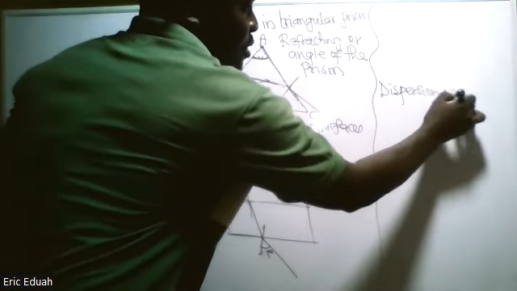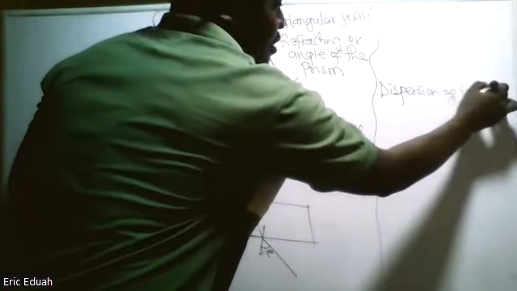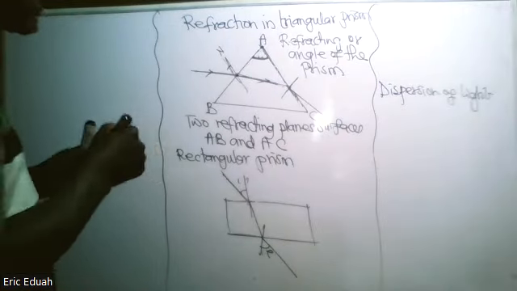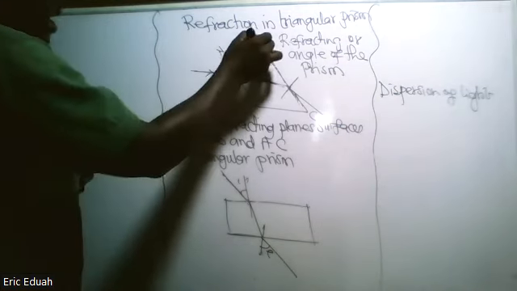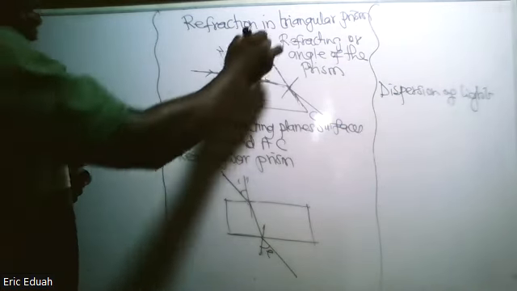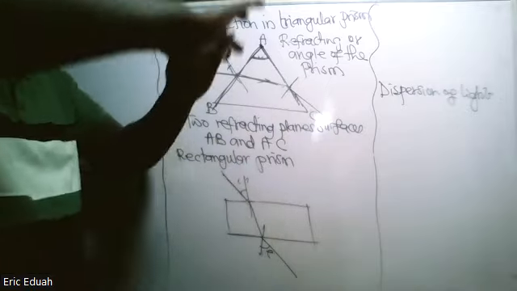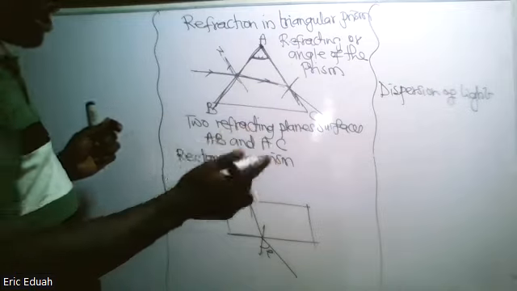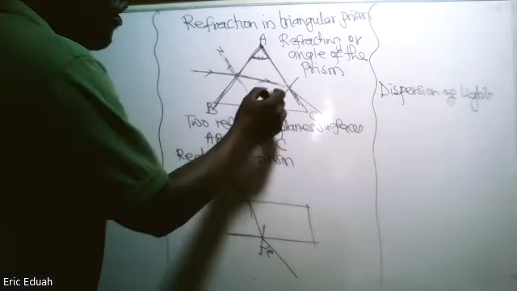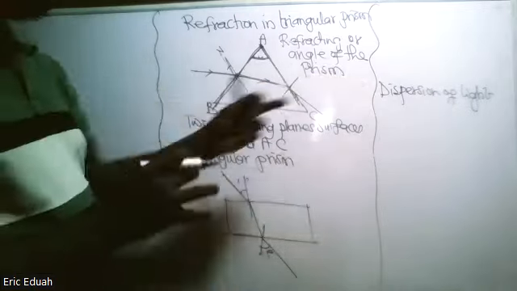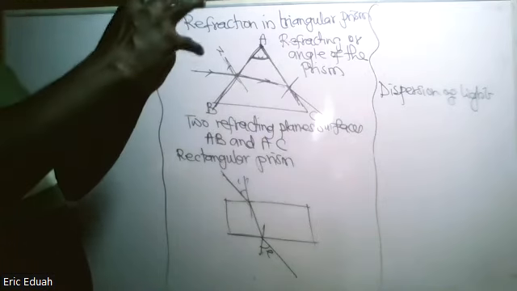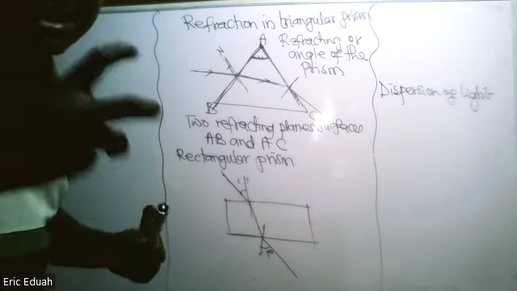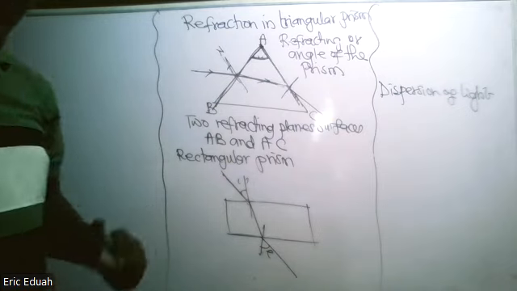Because it has the ability to add the deviation which occurs at one plane and then another plane to give you a wider value of deviation, that is why it is used for dispersion of light, separating white light into various components.